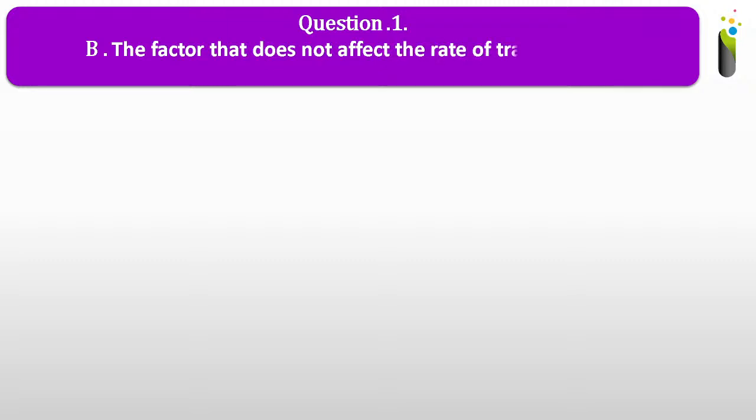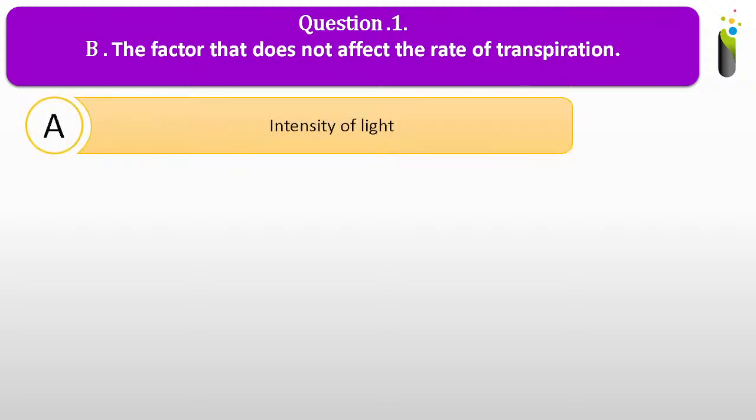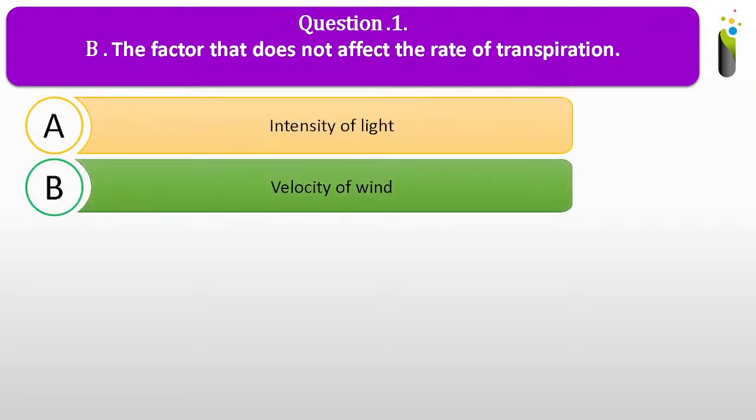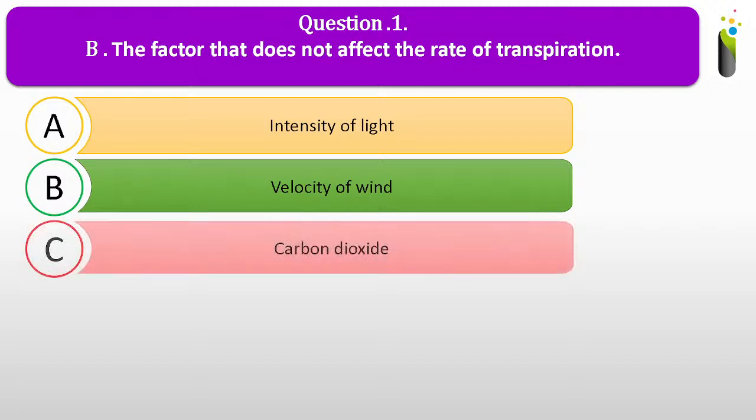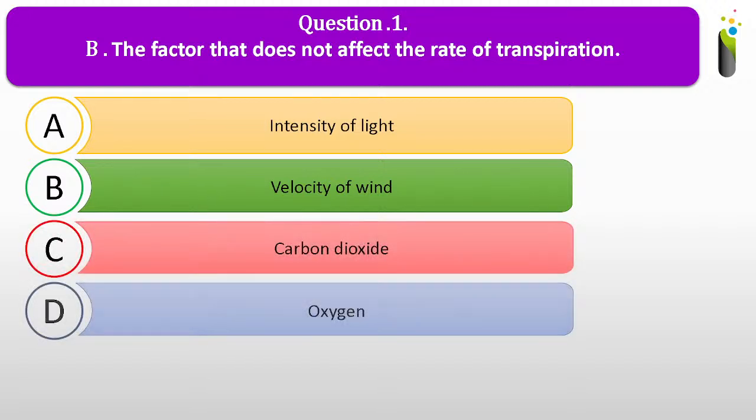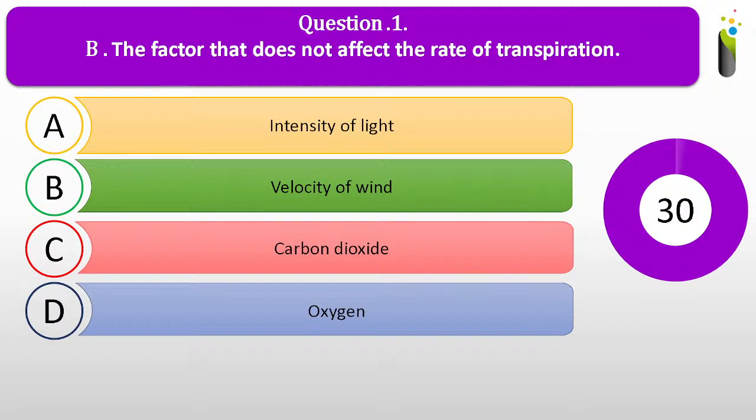The factor that does not affect the rate of transpiration is dash. A. Intensity of light. B. Velocity of wind. C. Carbon dioxide. D. Oxygen. So which is a factor that does not affect the rate of transpiration?